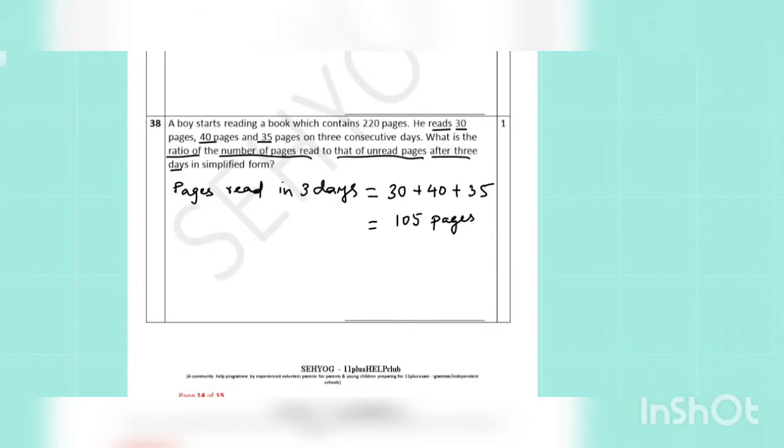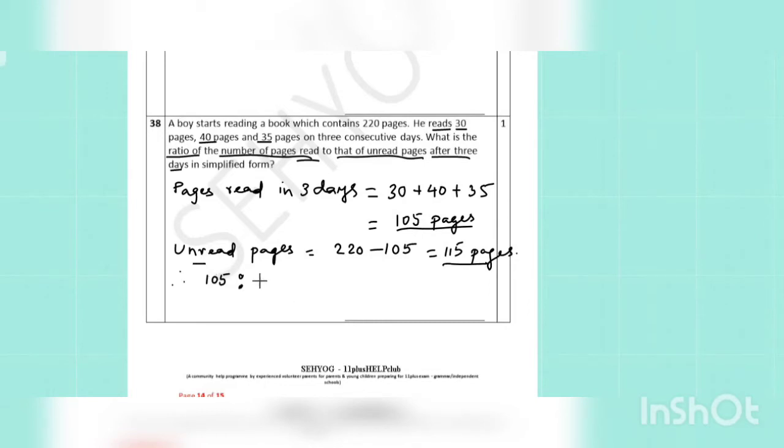So how many pages are unread? From the total number of pages, that is 220, we will subtract 105 pages and we will get 115 pages which are still unread.